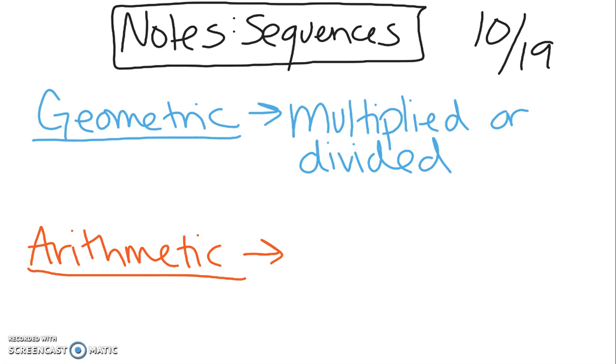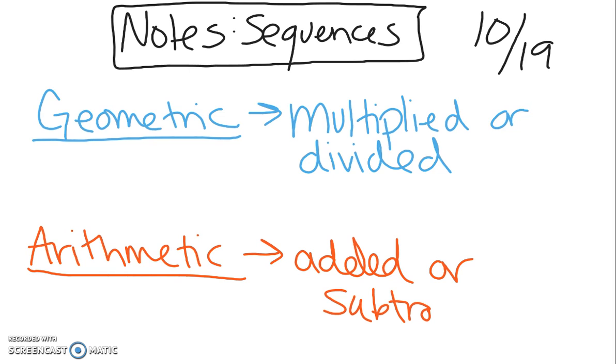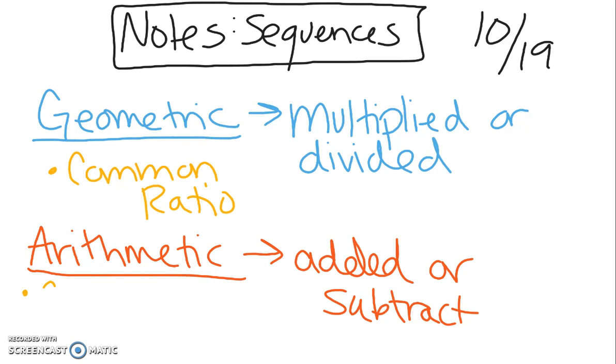Arithmetic means that you added or subtracted. In terms of what goes with geometric, geometric is always going to be a common ratio. And arithmetic is always going to be a common difference. And we will talk about what those things mean.